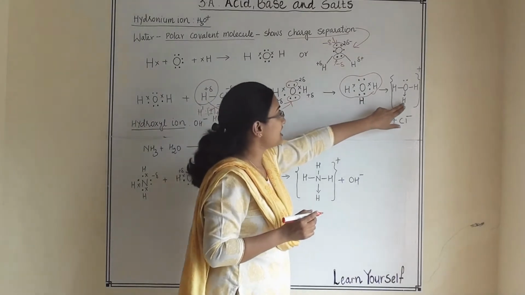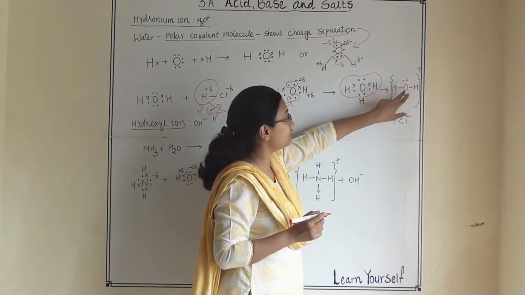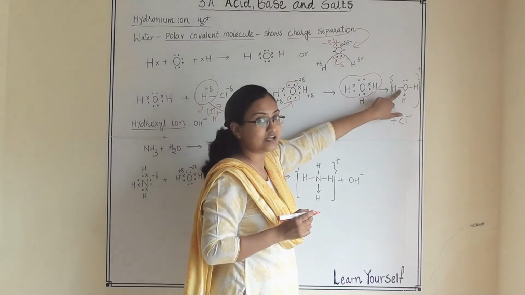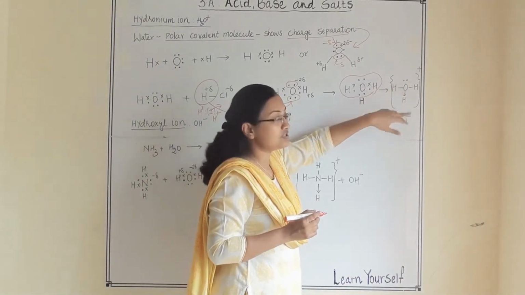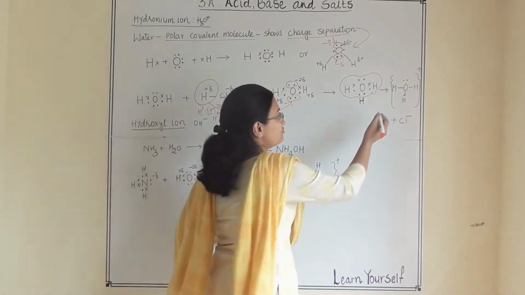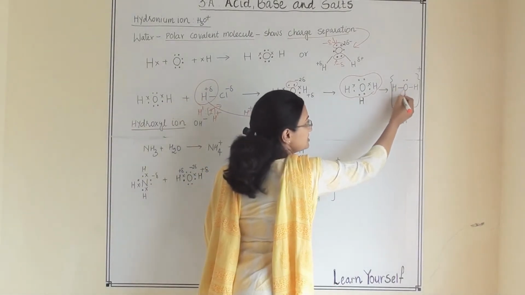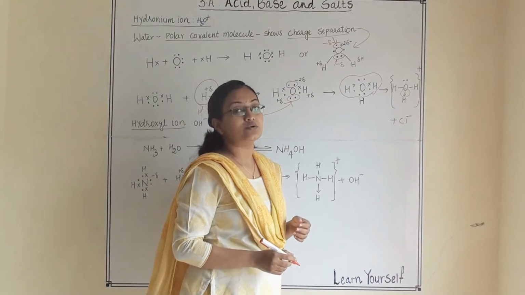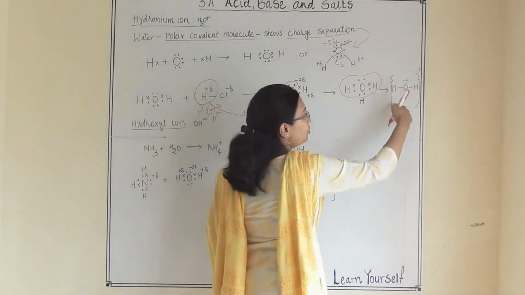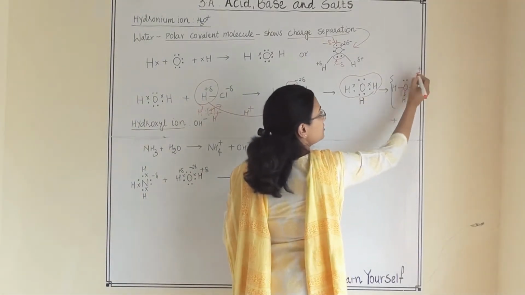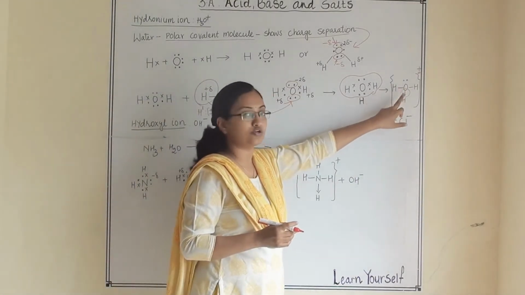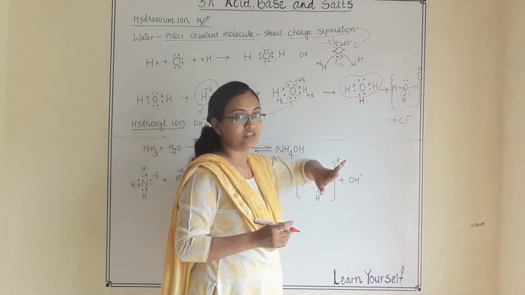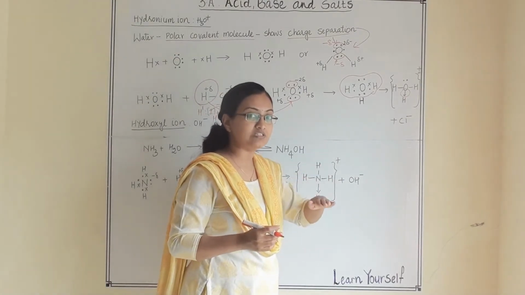Since this hydrogen is using the electrons of oxygen, and it doesn't have any electron because it is H plus, both the electrons are shared from oxygen. So this is a coordinate covalent bond, and this whole molecule will carry a positive charge because oxygen has contributed both the electrons and the negative charge is slightly reduced.